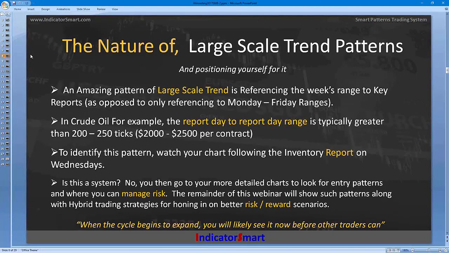And so in this particular market that we're looking at, crude oil, for example, there's an inventory report on Wednesdays usually. Sometimes it's on Thursday. And we tend to go about 200 to 250 ticks in this particular market from report day to report day.